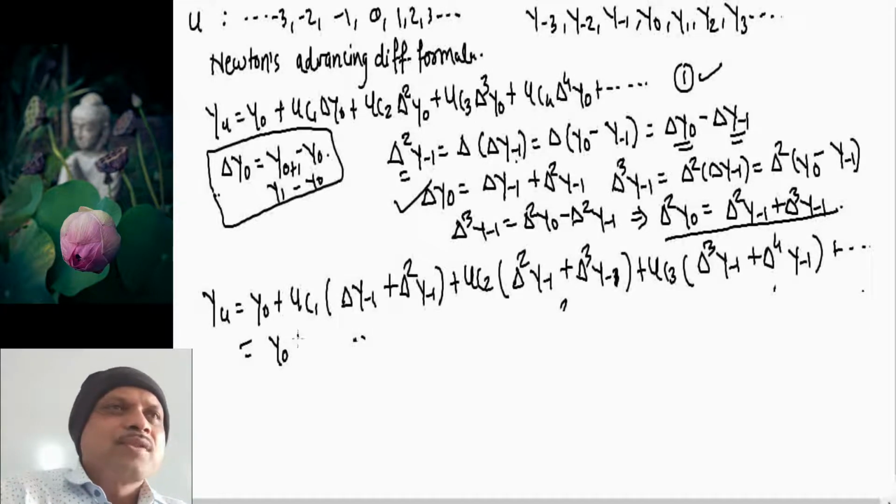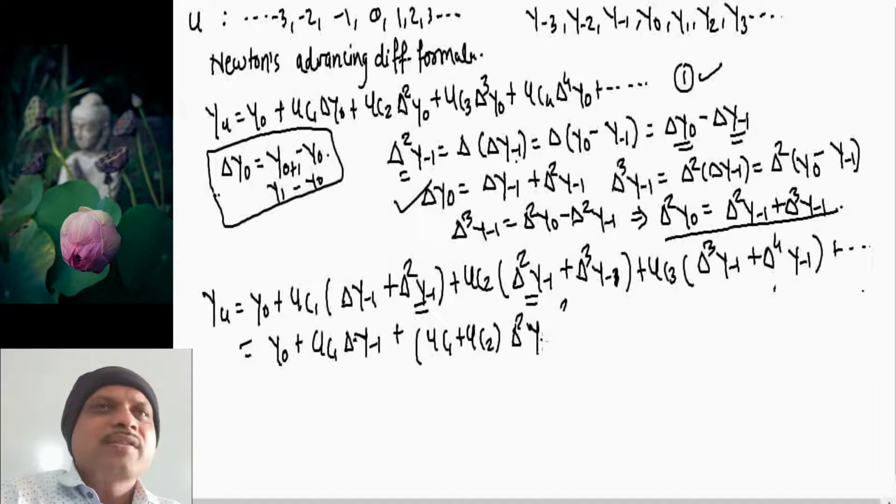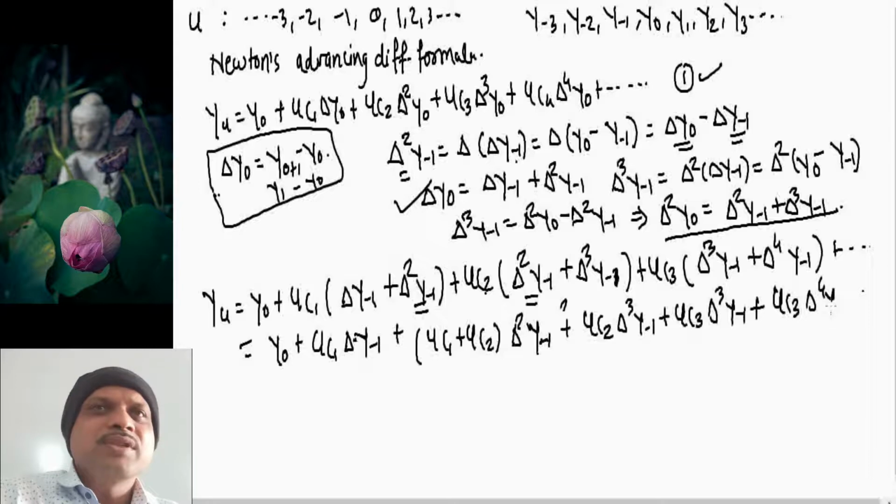Equal to y0 plus uC1 delta y at minus 1 plus delta square y at minus 1 common, with uC1 plus uC2, plus uC2 delta cube y at minus 1 plus uC3 delta cube y at minus 1 plus uC3 delta raised to 4 y at minus 1.